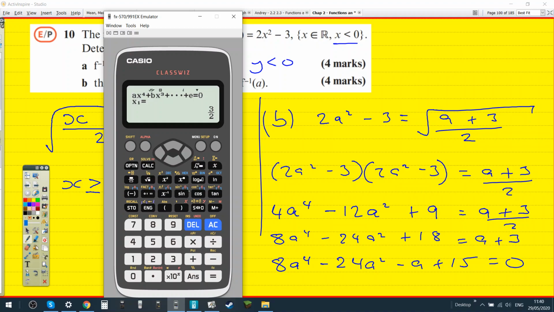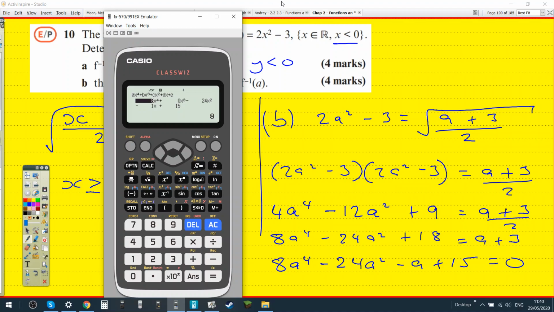Did you put 0x cubed? Probably not. So it's 8, 0, minus 24, minus x and 15, because there's no cubed. Yeah, I got the same as you now.